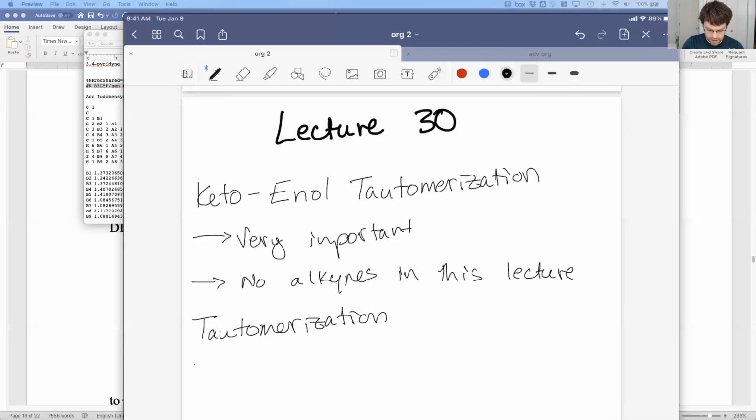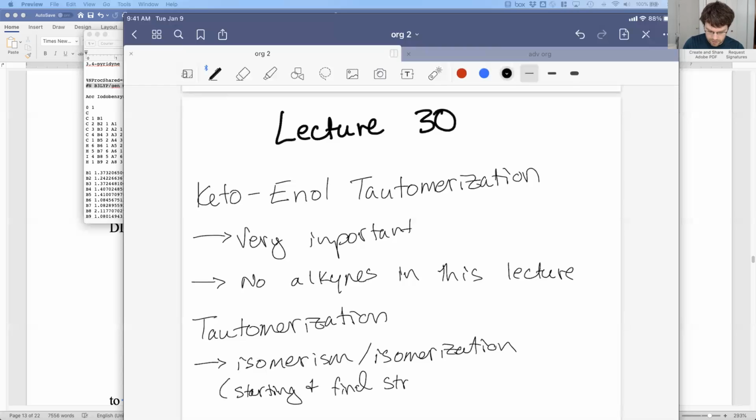This is an isomerization or an isomerism, which is where the starting and final have the same molecular formulas.